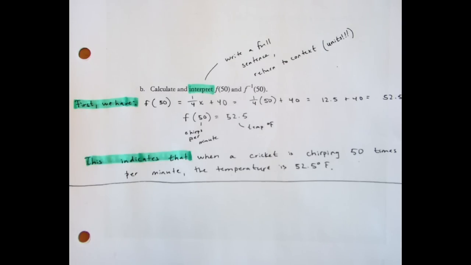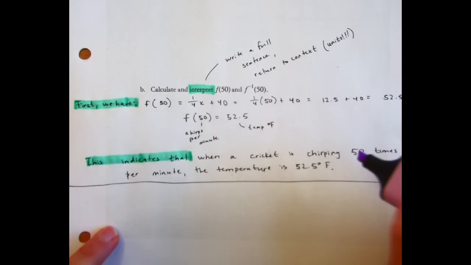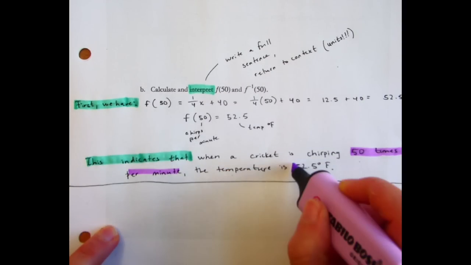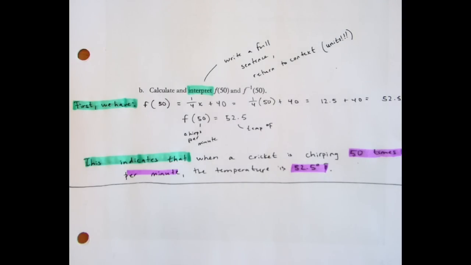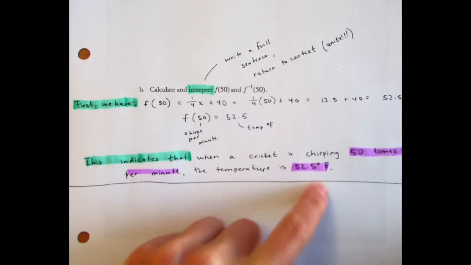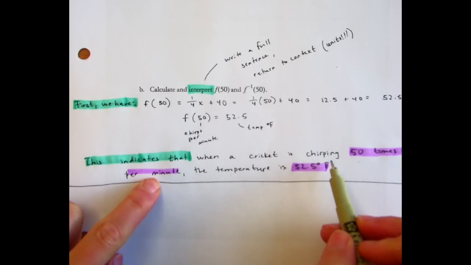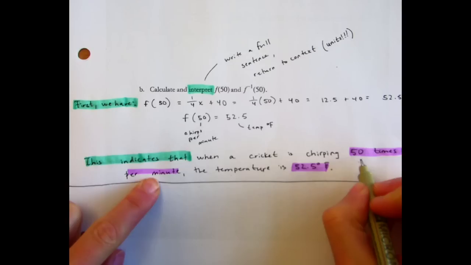So this is really a formulaic, structured response. In this part of the sentence is our input, and in this part of the sentence at the end, we put our output.